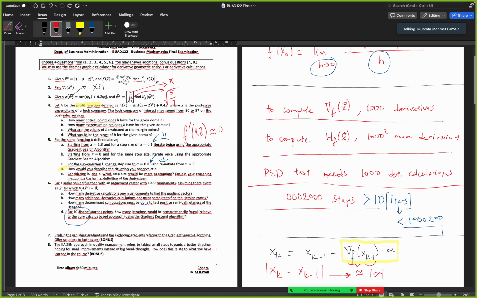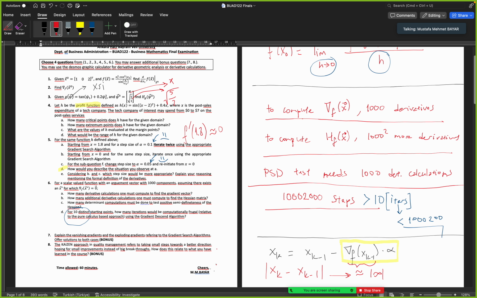And question 8 informs you about a quality management approach, a continuous improvement approach named Kaizen, the Japanese approach. And it defines Kaizen as taking small steps towards a better direction, hoping for small improvements instead of big breakthroughs.